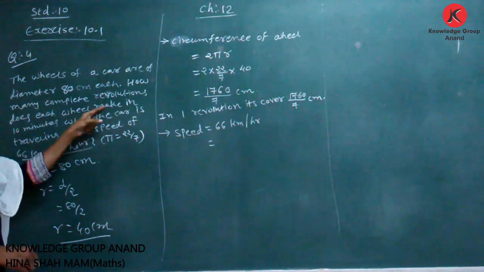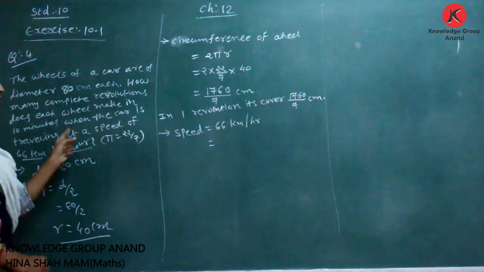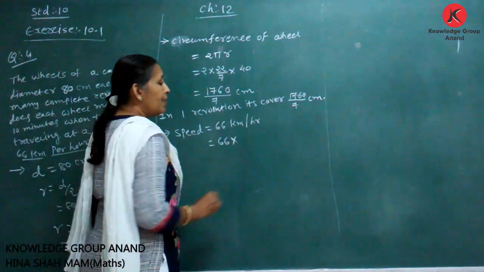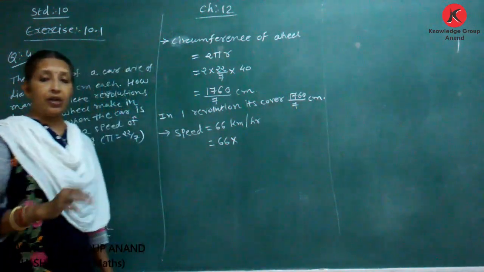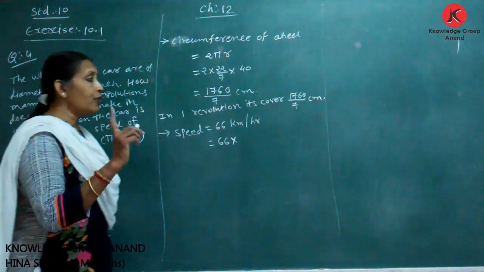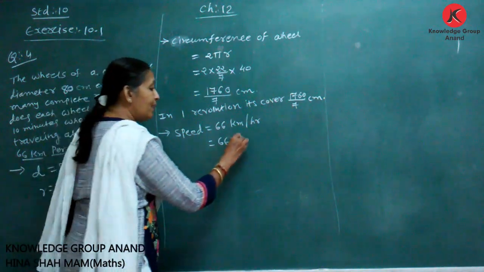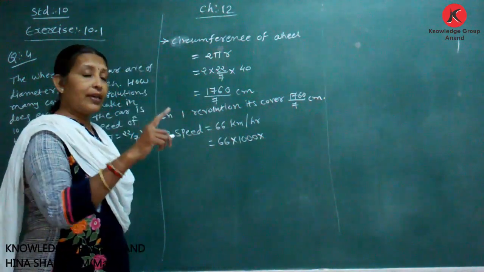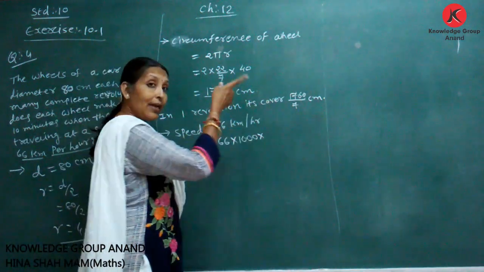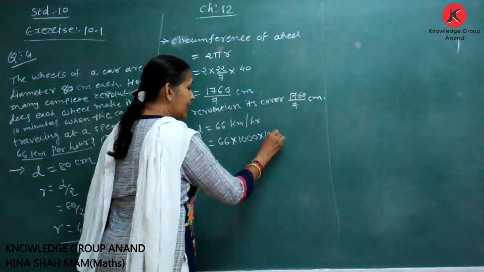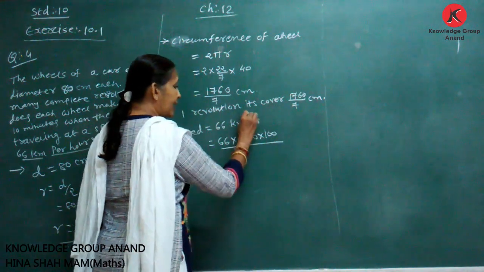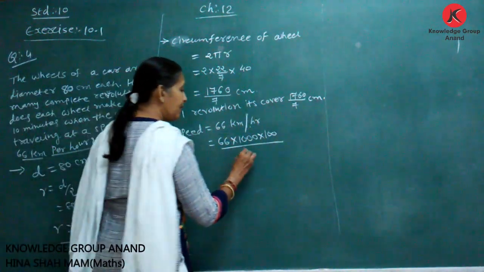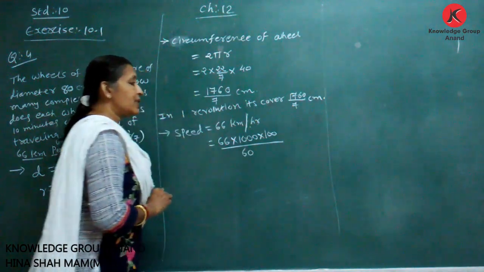Find how many revolutions it will make in 10 minutes. Therefore, 66 multiplied by kilometer into meter. 1 kilometer is equal to 1000 meter. Then we multiply by 1000 meter. 1 meter is equal to 100 centimeter. Convert into centimeter. Then we divide by 60 minutes. 1 hour is equal to 60 minutes.